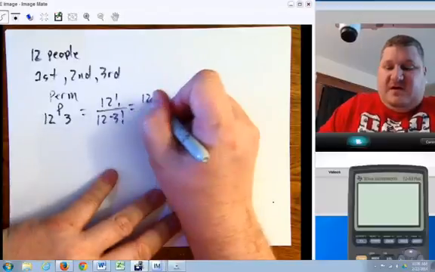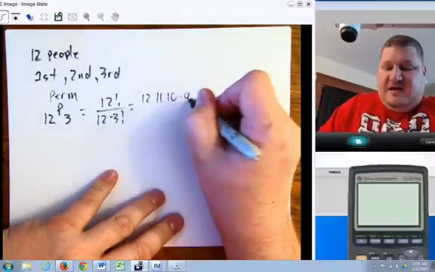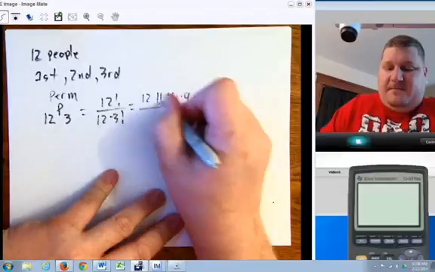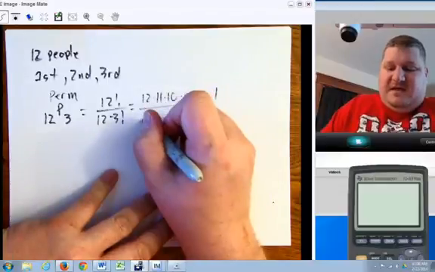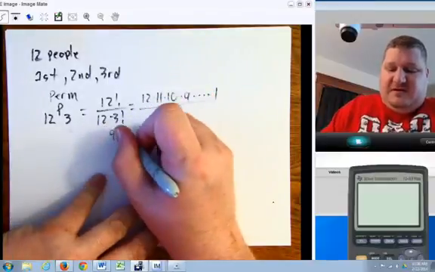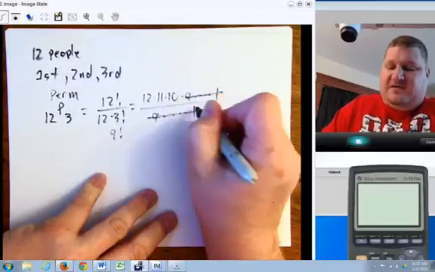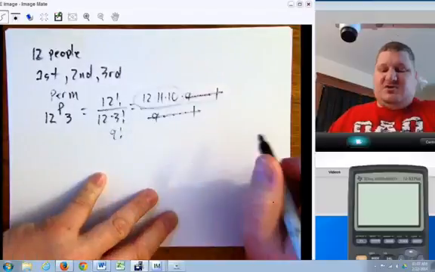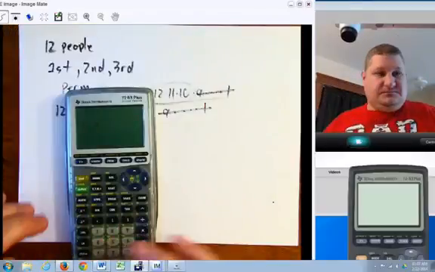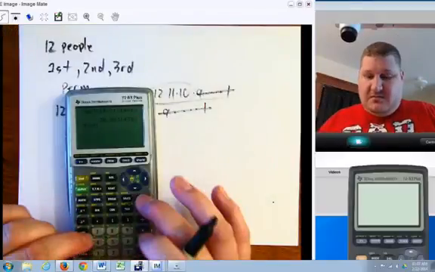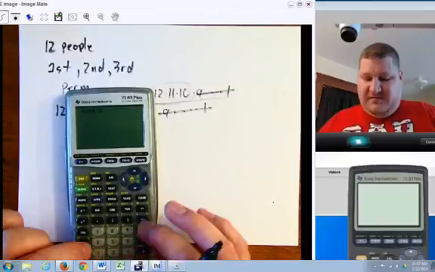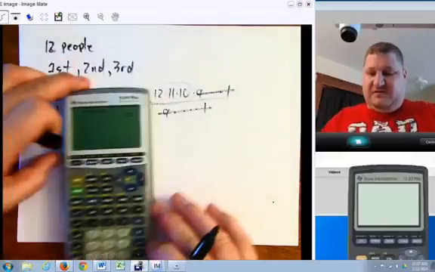Gives us 12, 11, 10, 9, 1. And that would give us on the bottom, well, 12 minus 3 is 9 factorial, so I have 9, 1. Those cancel out, leaving us just that, which is 12 times 11 times 10. Answer is 1320.